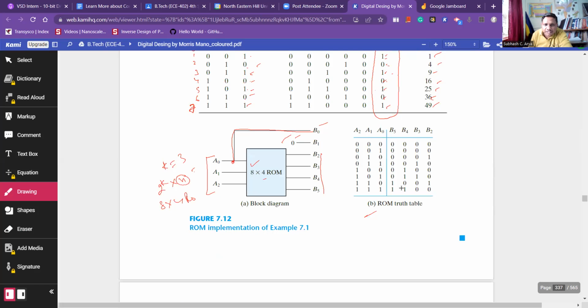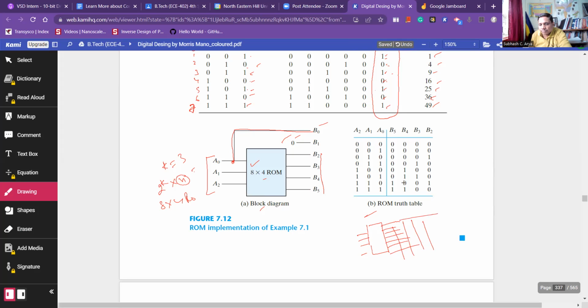Now, this is the block diagram. Basically, inside the ROM we have a decoder and OR logic. In the decoder we have a 3-bit input, and here we will have an 8-bit output. And on this side we will have 4 outputs.